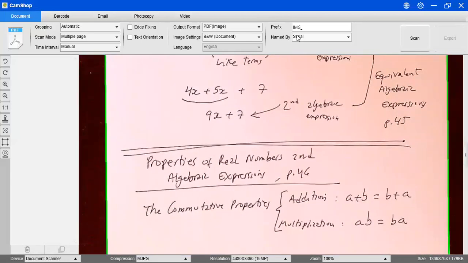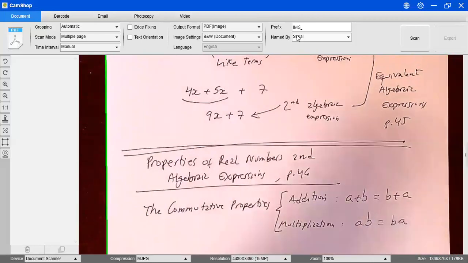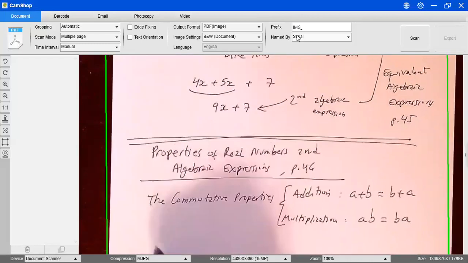So in other words, if you switch the order of the terms when you are adding terms, the algebraic expression is the same, it's equivalent. Or if you switch the factors in a term, the answer is the same, so that's equivalent. So that's one property.